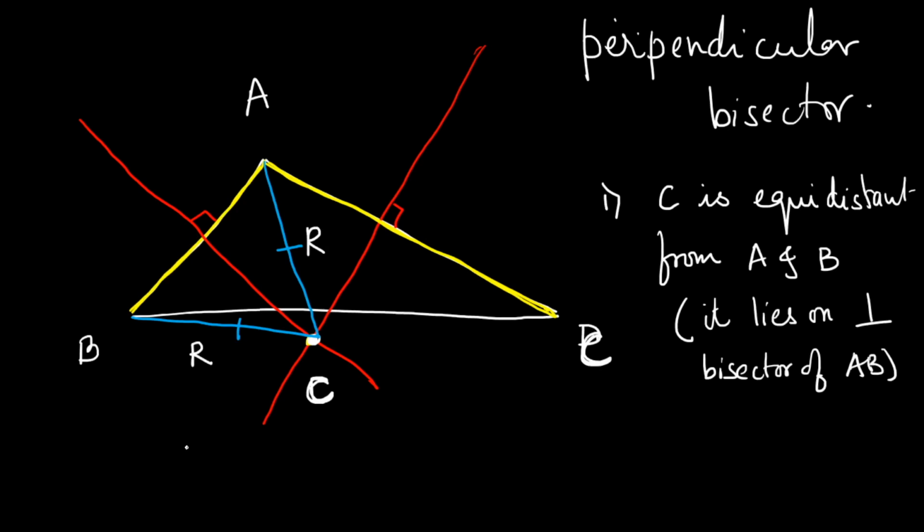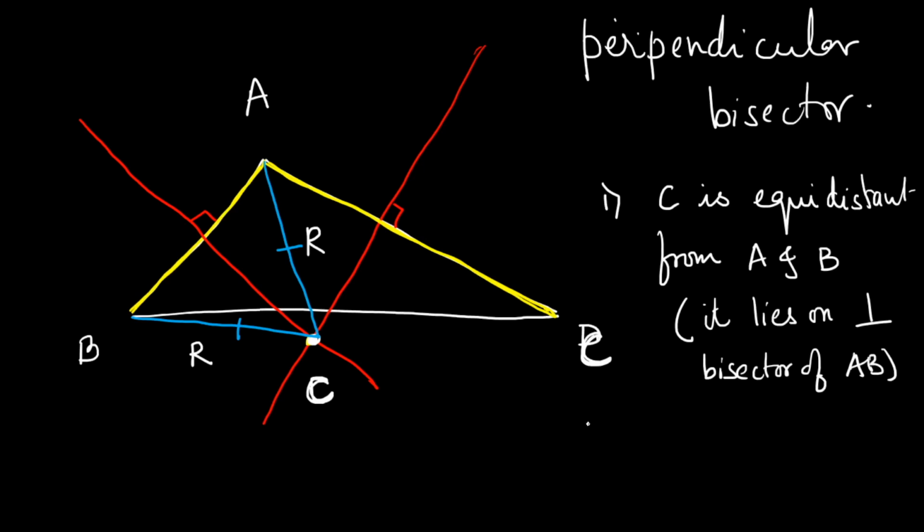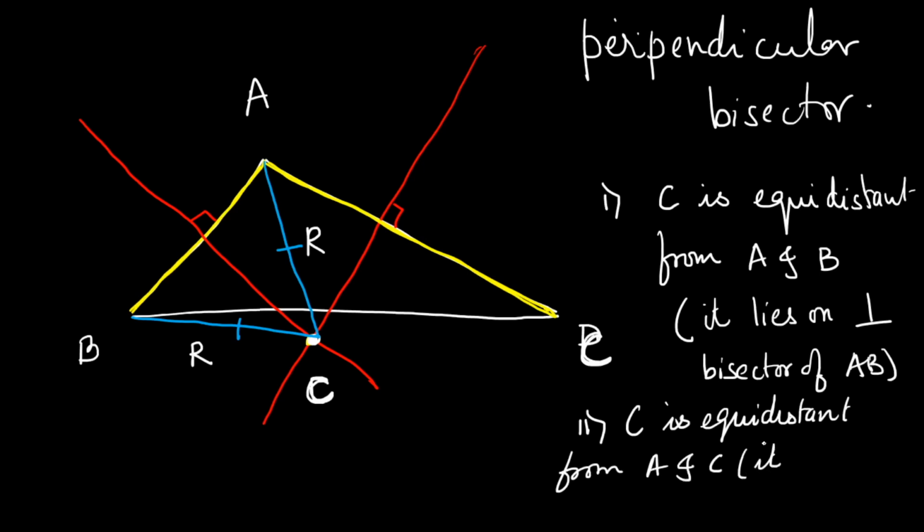Okay, but there is still something more special about C, and that's the second part of the proof. C is equidistant from A and C, and the reason is it lies on the perpendicular bisector of AC.